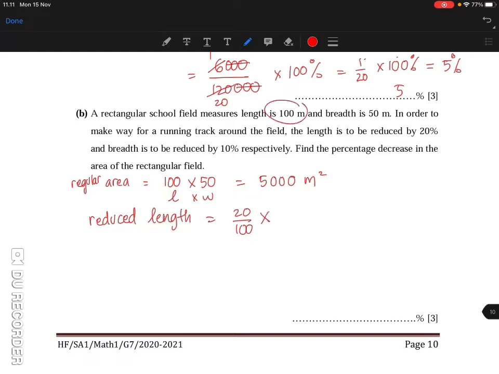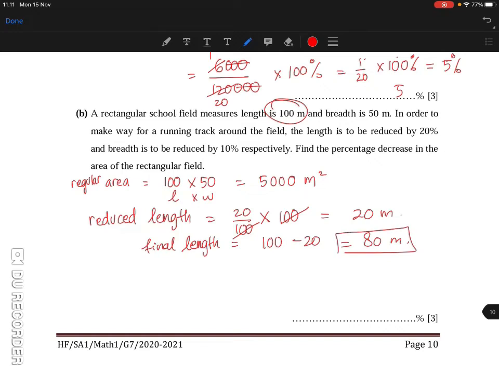Original length is 100, so it is going to be 20 meter. This one is the reduced length. So the final length after reduced, you will have 100 minus 20 equals to 80 meter. We are going to use this length.